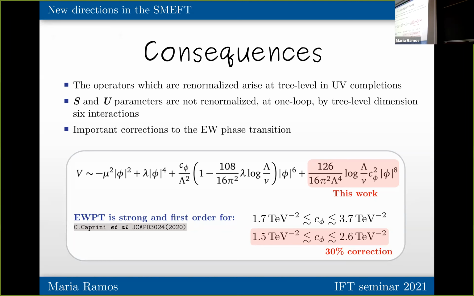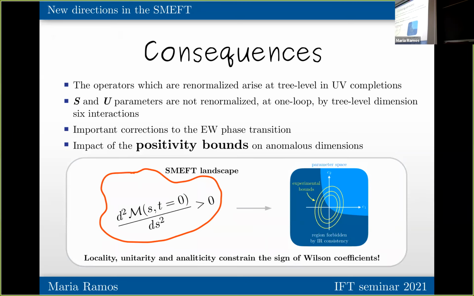And finally, I wanted to discuss a bit the interplay between positivity bounds and the results that we get. Because some fundamental principles of quantum field theory, like locality and unitarity, give us a condition on the second derivative of the forward amplitude with respect to the momentum transfer squared.